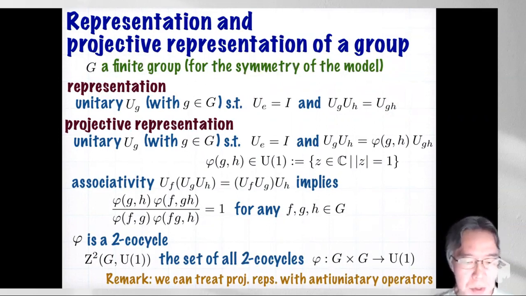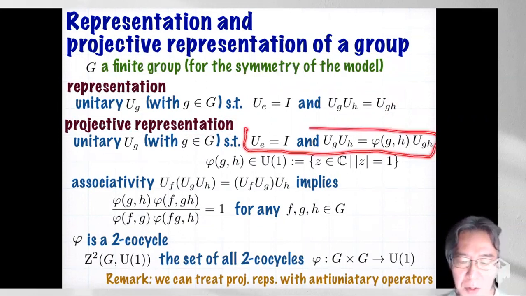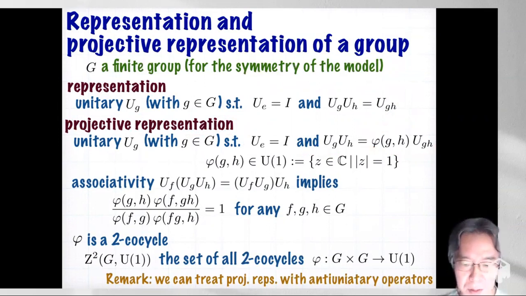A projective representation is something very similar to a representation. It's again a collection of unitary operators, but they satisfy this relation. The difference is this phi. What is this phi? Phi is a phase factor, an arbitrary phase factor, or more precisely, a complex number with absolute value 1.